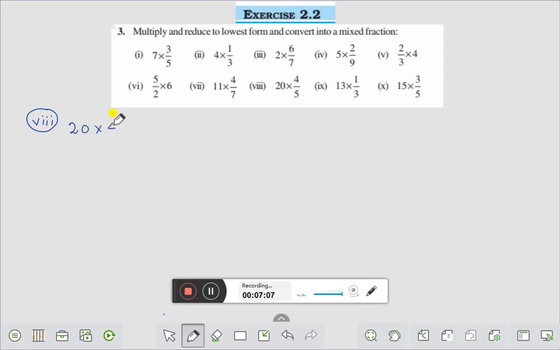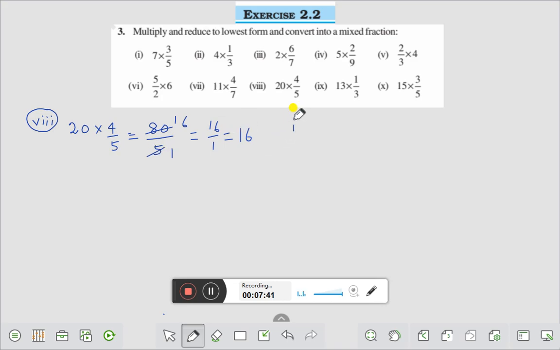Therefore we are getting 20 into 4, that is 80, and it is divided by 5. 5 sixteens are 80. That comes to 16 by 1, or you can write it as 16. Here 16 is the answer.